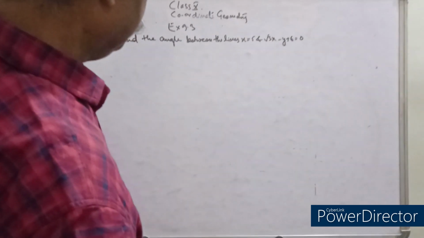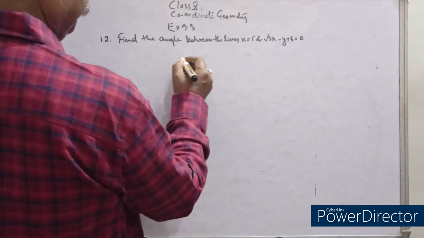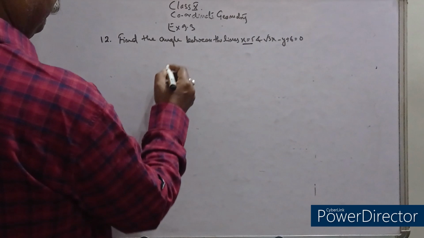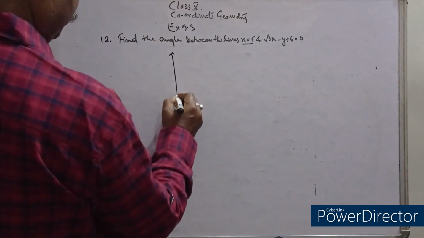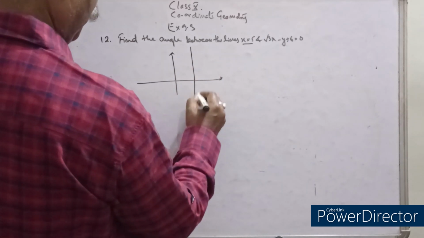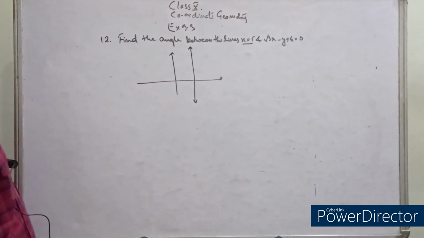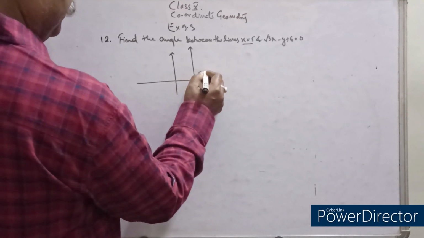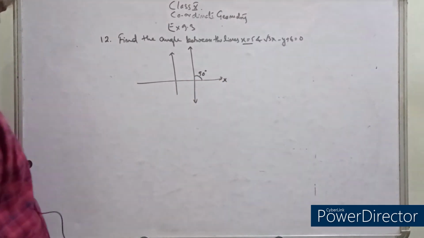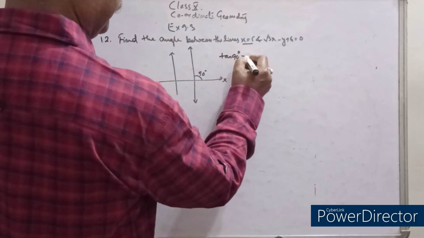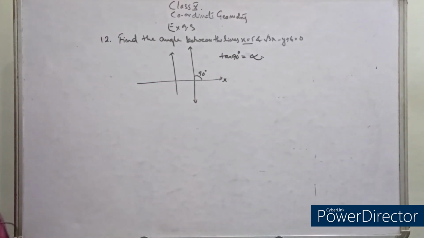So again, here you see this x is equal to 5. You see the graph, what is x is equal to 5. This is the graph of x is equal to 5, and it is clear that it is making an angle 90 degree with the x-axis. So tan 90 degree is infinity, not defined.